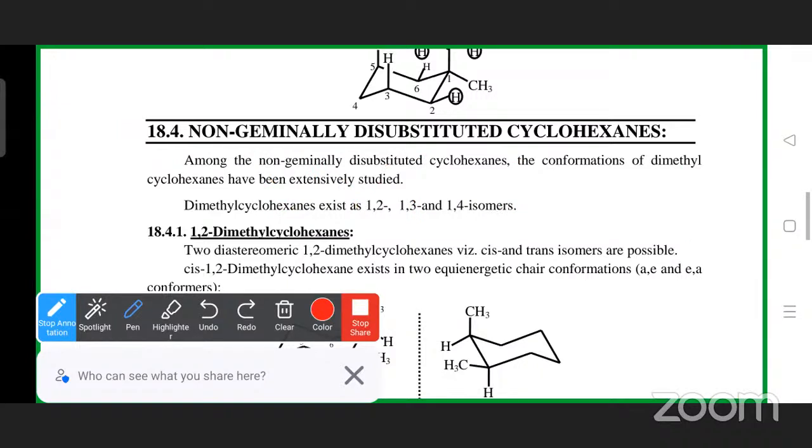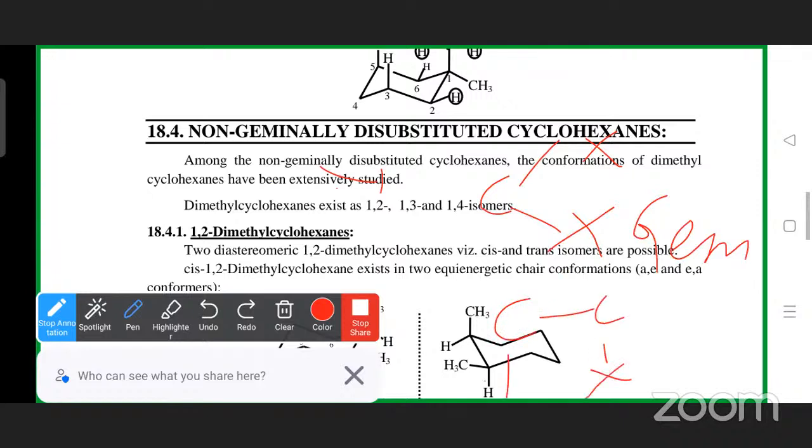Geminal means on the same carbon, there is a gem. If it is on different carbons, this is vicinal.